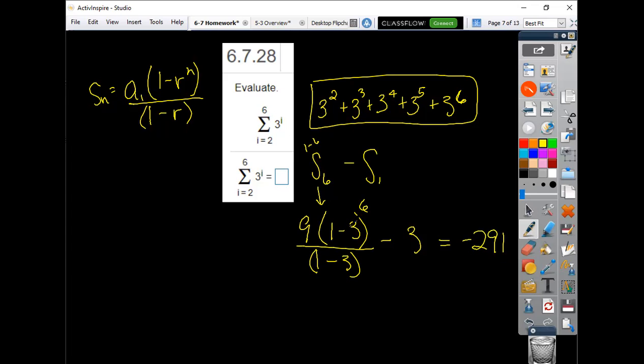So something in here, well, that's going to be a positive. And that a sub 1, my initial number, oh, in this case, but that's still not going to fix it because this is negative. That's going to be a positive. So someplace here, oh, I've got that exponent in the wrong spot, don't I?